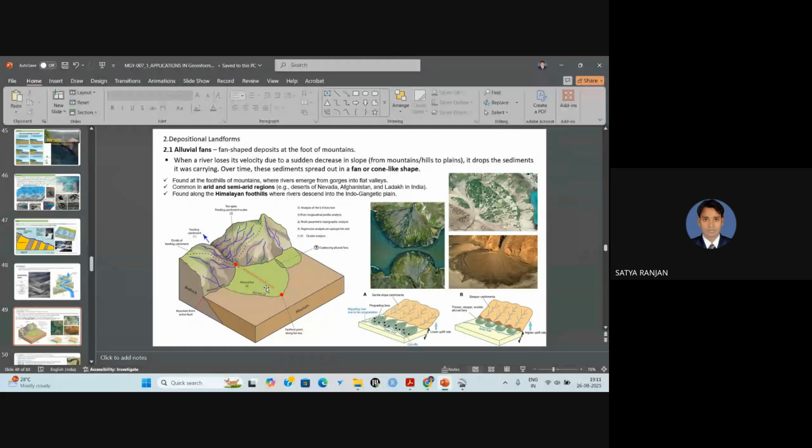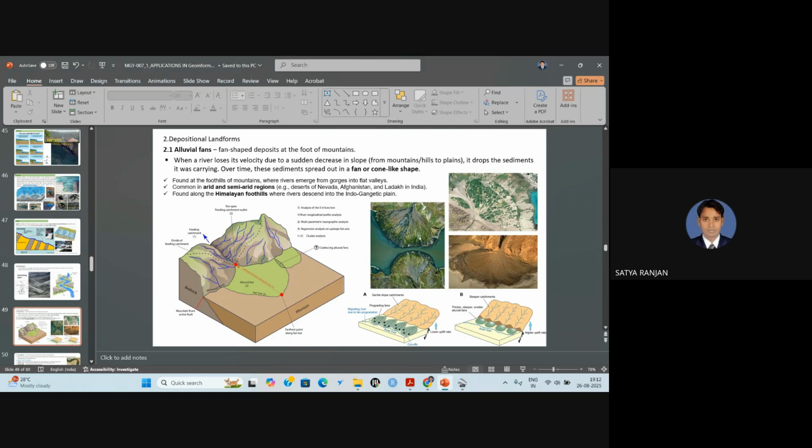So it is called an alluvial fan. Why is it occurring? Sometimes the river loses its velocity due to a sudden decrease in slope. When the slope decreases, it drops the sediment it carried from the upper areas, and over time the sediments spread out in fan and cone-like shapes.